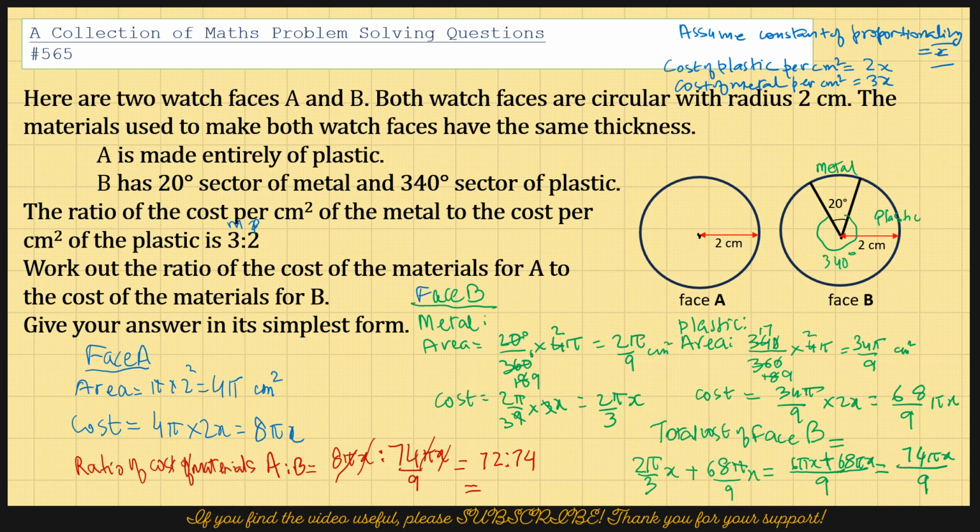Dividing both by 2, I would get 36 is to 37. So the answer in its simplest form would be 36 is to 37.